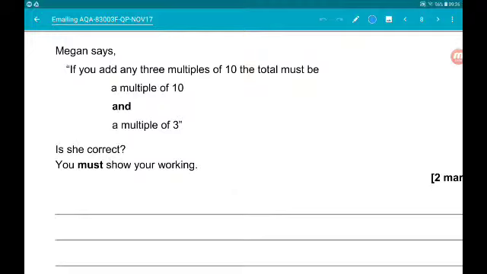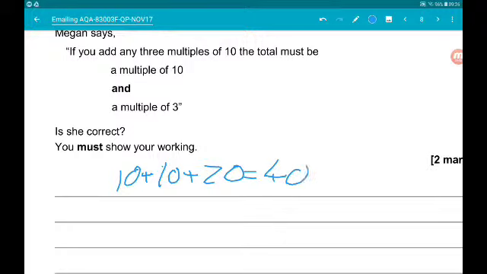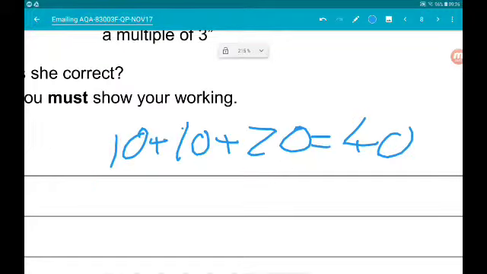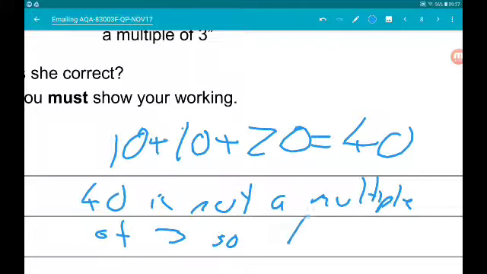Megan is not. We need to show that by finding an example that doesn't work. So for example, 10 add 10 add 20 is 40. 40 is not a multiple of 3, so no, she's not correct.